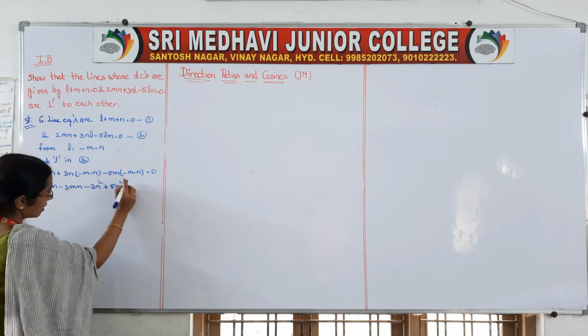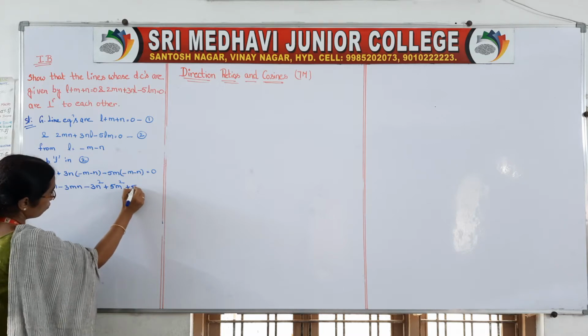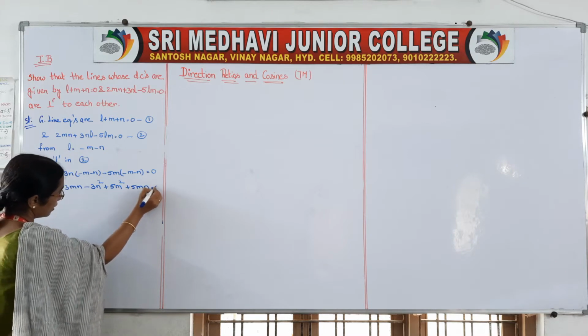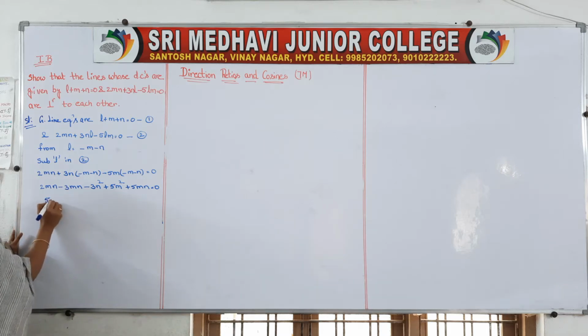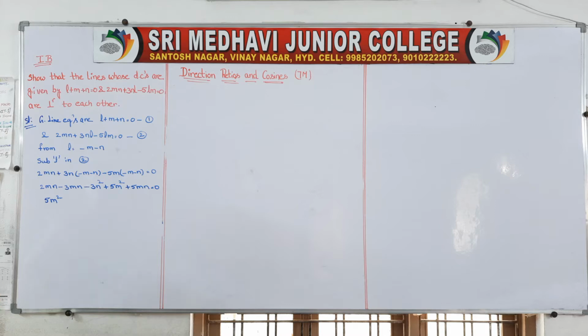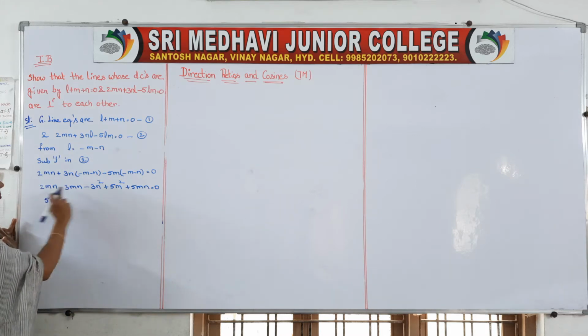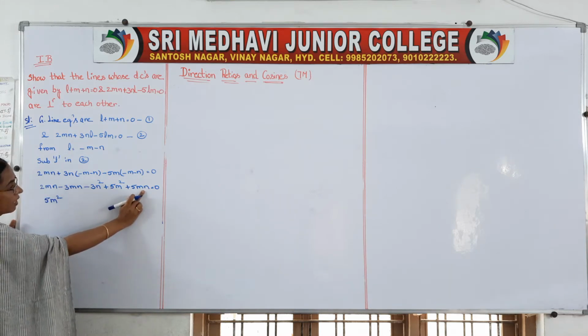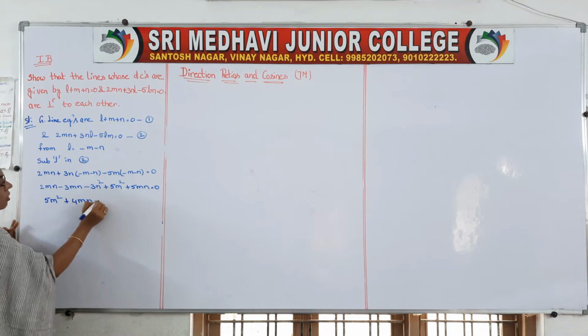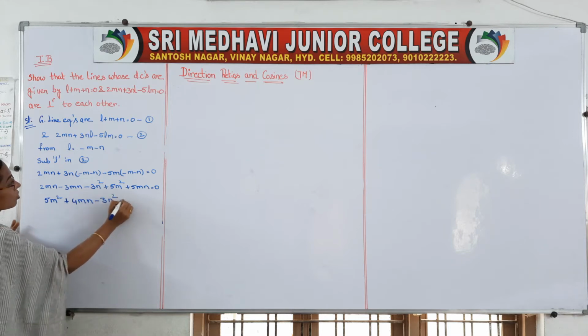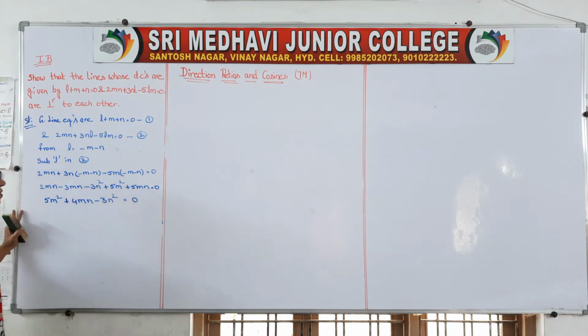Next, minus of minus plus 5mn is equal to 0. So 5m square. Now take mn terms. So how many mn terms are there? 2mn plus 5mn, 7mn. 7mn minus 3mn is 4mn, minus 3n square is equal to 0.